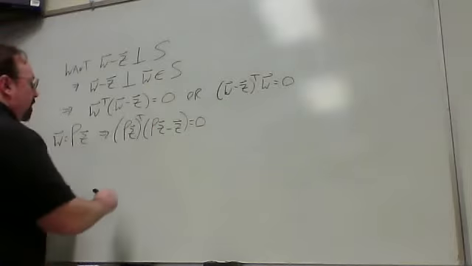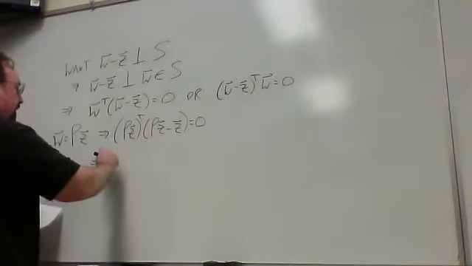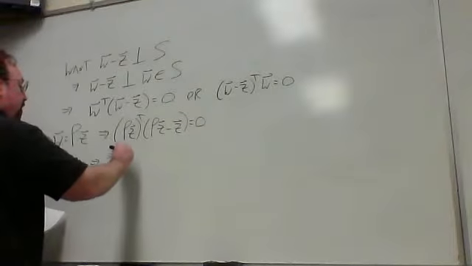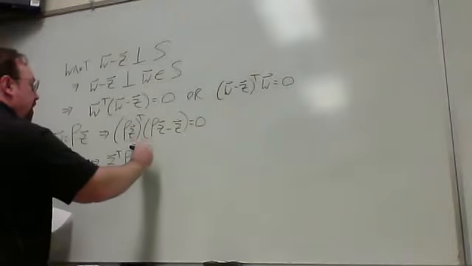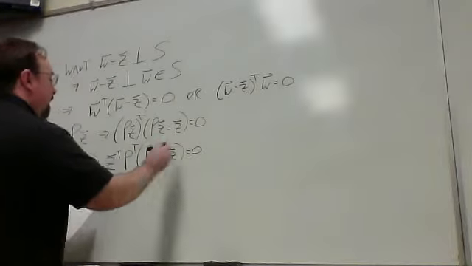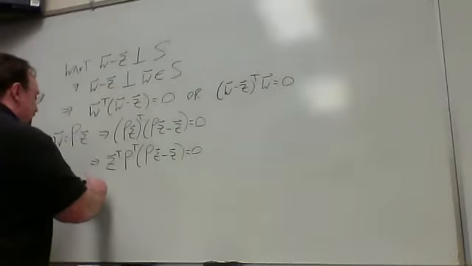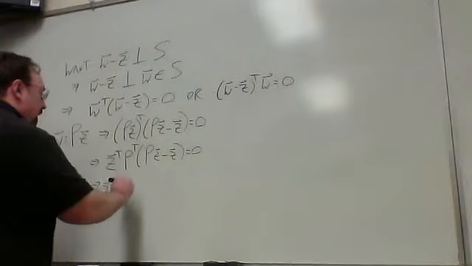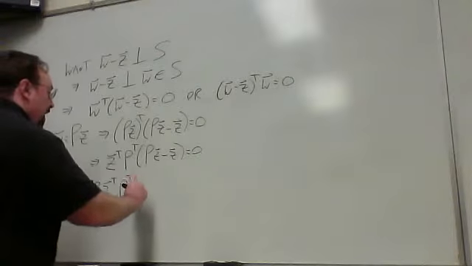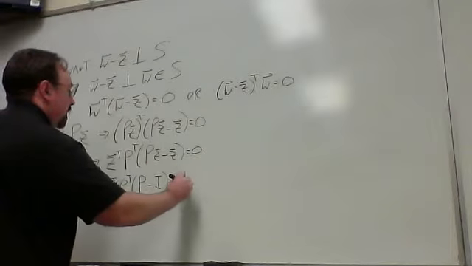So I'll work on this one first. Using a property of the transpose, I get Z transpose P transpose (PZ minus Z) is 0. Now on the right side, I can factor out a Z. So I get (P minus identity) times Z is 0.